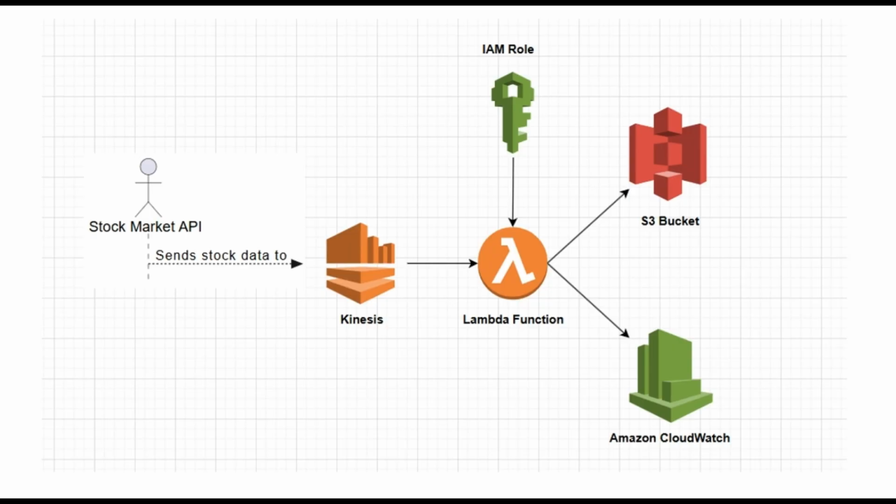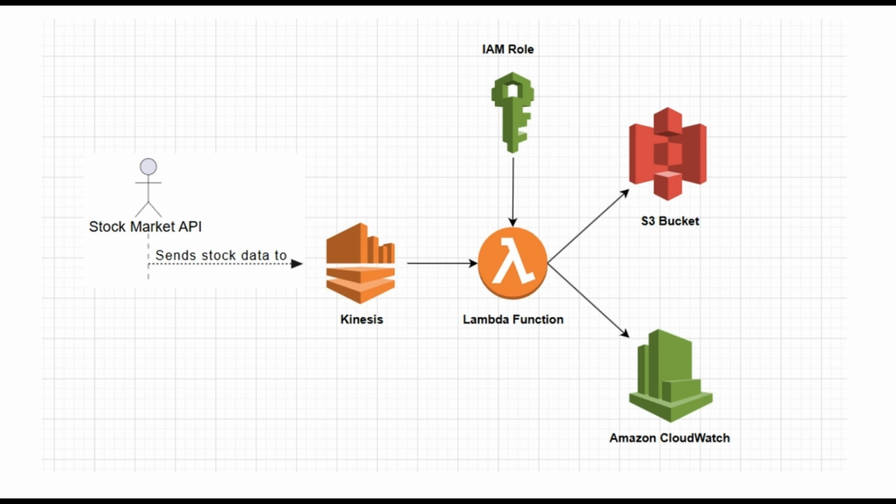First of all, stock market data is fetched from the stock market API and it is ingested into a Kinesis data stream. From there, a Lambda function will be made to process the data and perform the task. The processed data is then stored in an S3 bucket for further analysis.